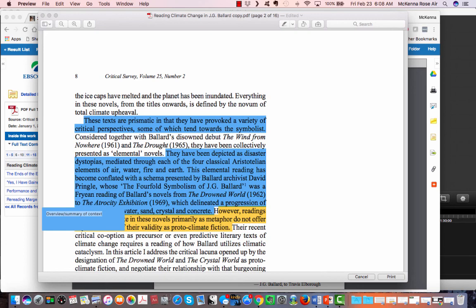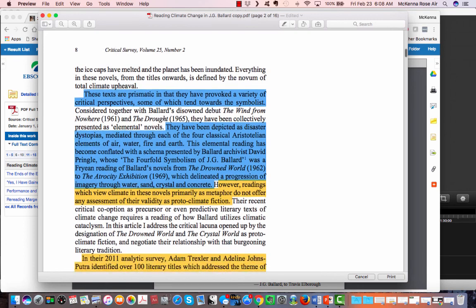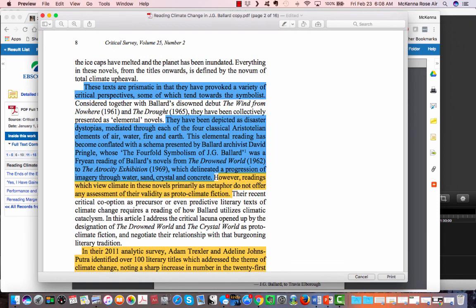All right, so he's provided the condition, and now he is going to make the turn or destabilize it in keeping with the claim structure that he set up. So, however, readings which view climate change in these novels primarily as metaphor do not offer any assessment of their validity as proto-climate fiction, right?